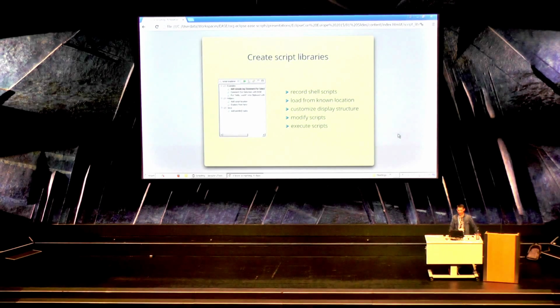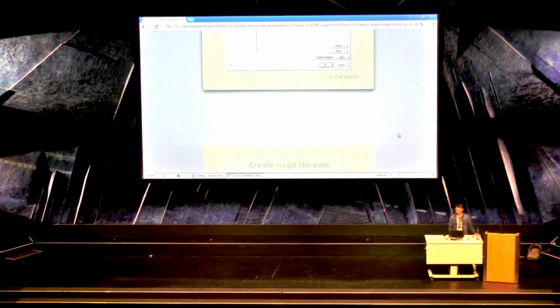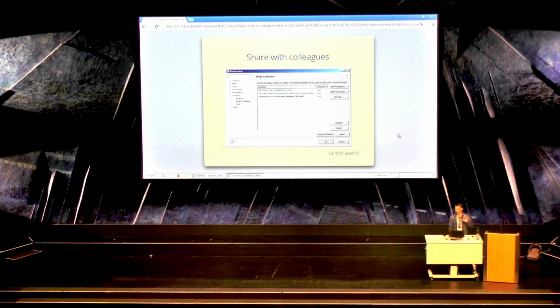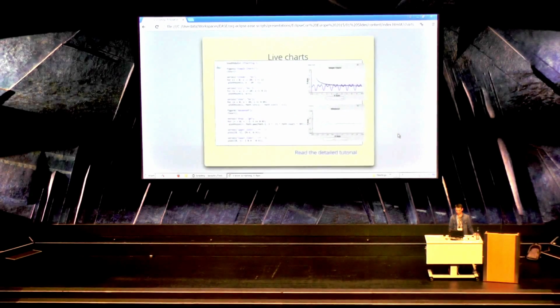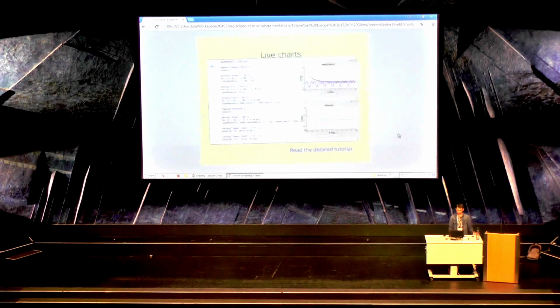You can create script libraries, record your scripts if you like to run them. You can share them anywhere you like. That's an important thing. So normally when you write scripts, you want to share them with your colleagues or with your teammates to collaborate. You can enhance your UI stuff. We've seen the live charting feature.